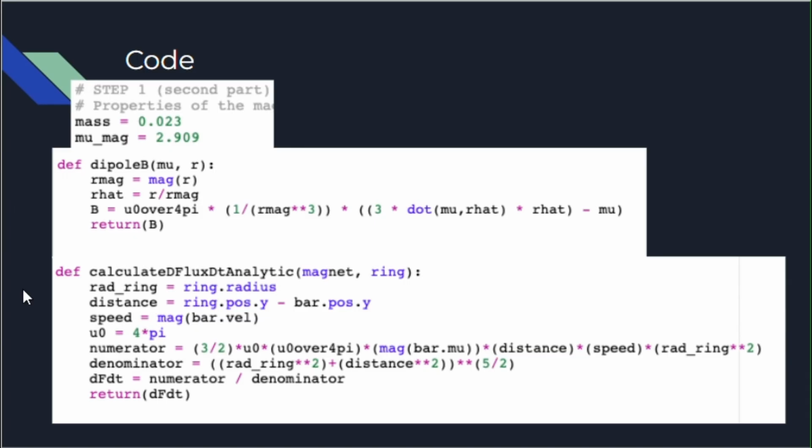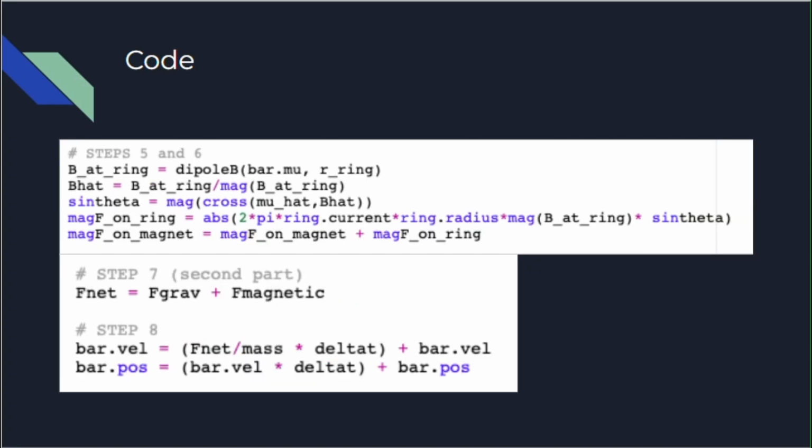So for the definition here, calculate deflux analytic, we had to use the Biot-Savart law in here, in the net force and Newton's second law equations. And then in 5 and 6, as you can see here, the magnetic field at the ring made with the dipole, and then the hat, which is divided by the magnitude.